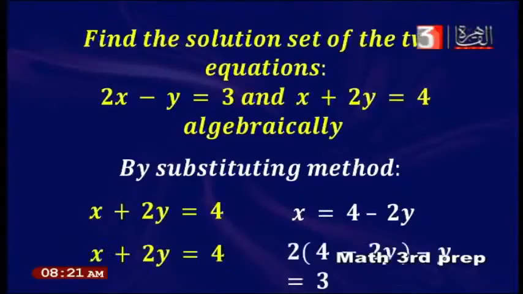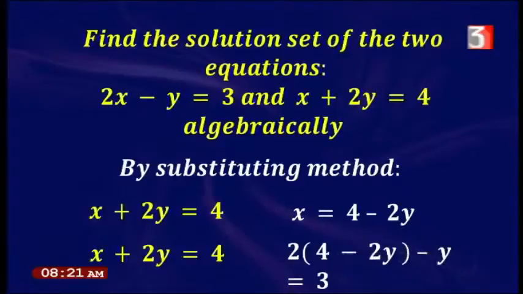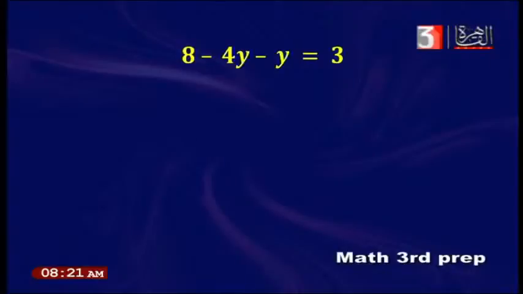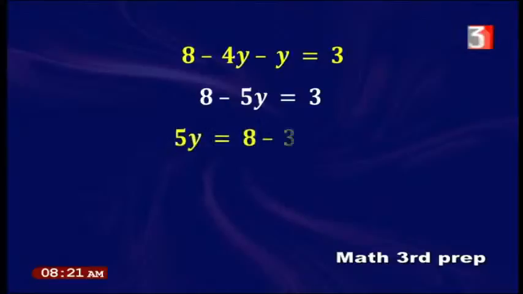2 multiplied by (4 minus 2y) minus y equals 3. Then by multiplying, 8 minus 4y minus y equals 3. By collecting like terms, 8 minus 5y equals 3. Then 5y equals 8 minus 3 equals 5. So 5y equals 5, then the value of y will be 1.